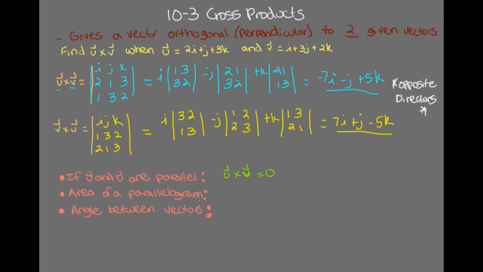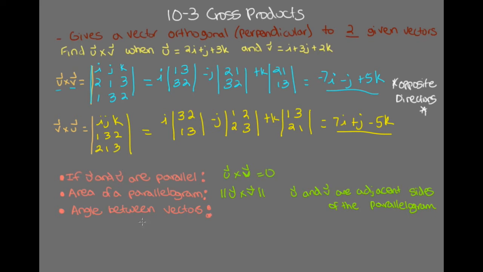If we have a parallelogram and we want to find the area of it using vectors, we're basically going to find the magnitude of the cross product of u and v, if u and v are adjacent sides of that parallelogram.